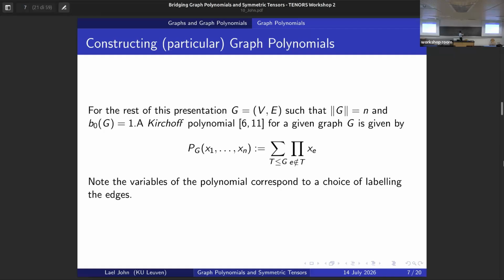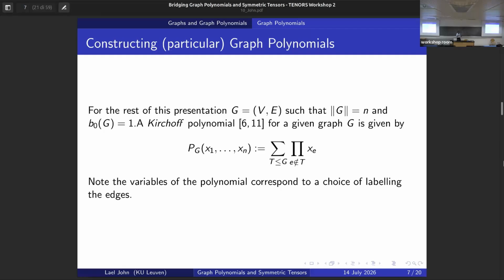So for this graph, if I label my edges x1, x2, x3, and x4, then the Kirchhoff polynomial associated with this graph is essentially just going to be x1 plus x2 plus x3 plus x4, right? Because I'm just counting the edges that I'm excluding and then summing over all spanning trees. So that's how I construct my Kirchhoff polynomial.